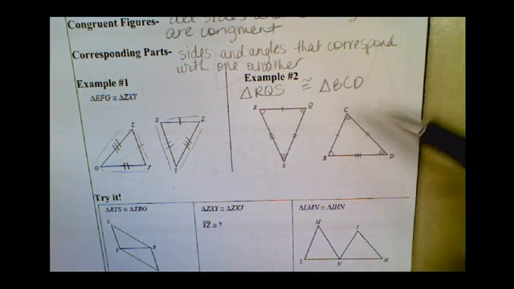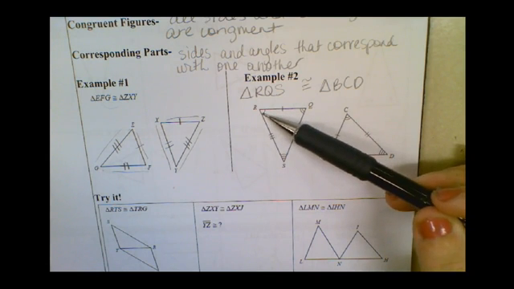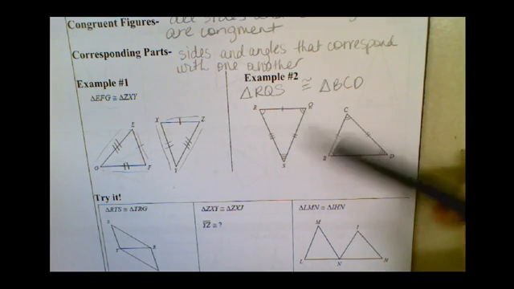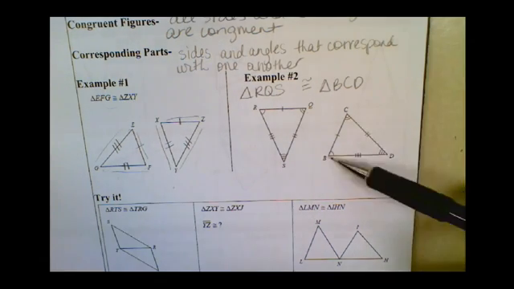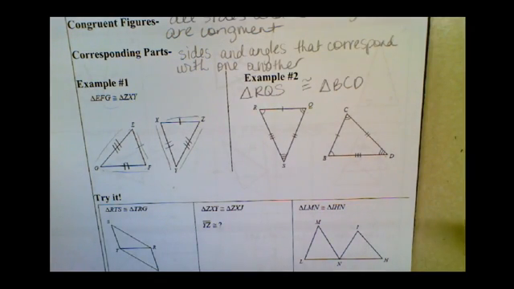If I wanted to use the angles, I could do that too. I could start at angle RQS, 1, 2, 3 tick marks, or at BCD, 1, 2, 3 tick marks.